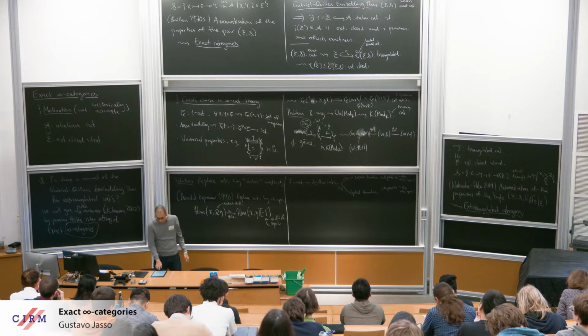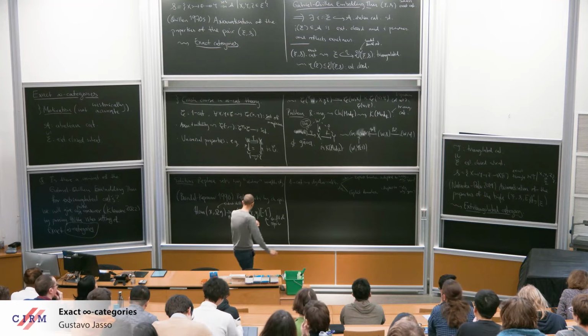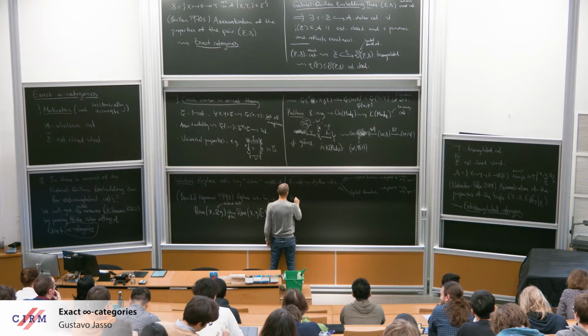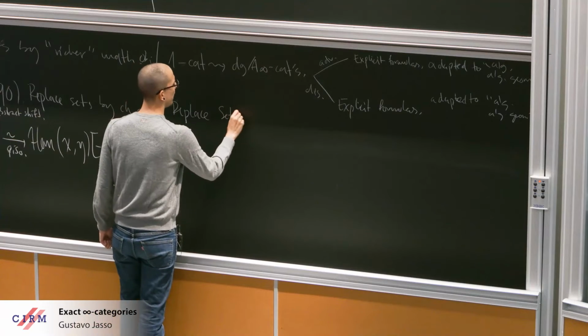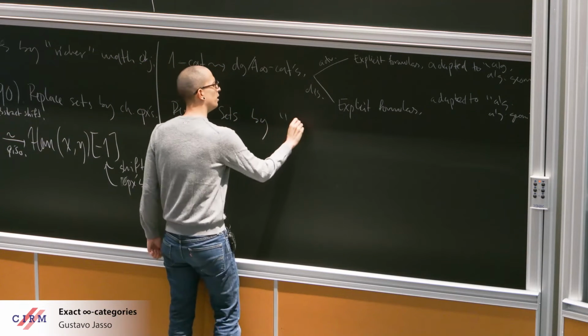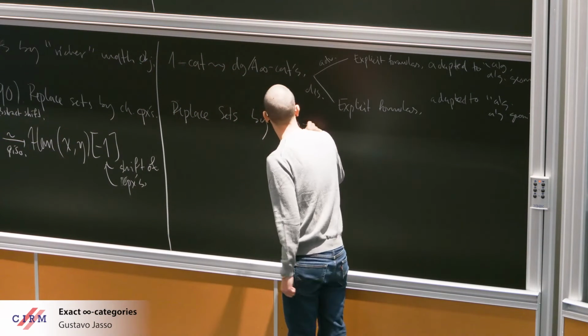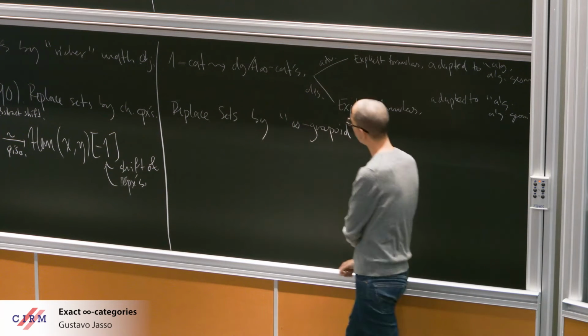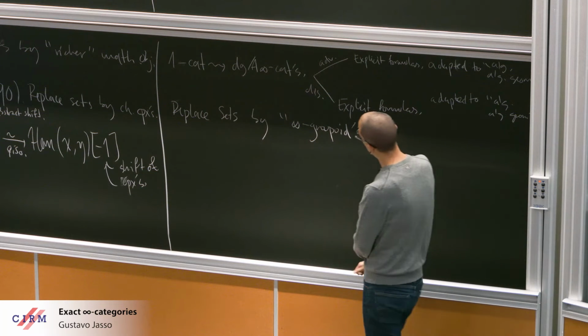Now there is another alternative to this, which is to replace sets by some more sophisticated notion called an infinity groupoid. That is meant to be something like a groupoid.